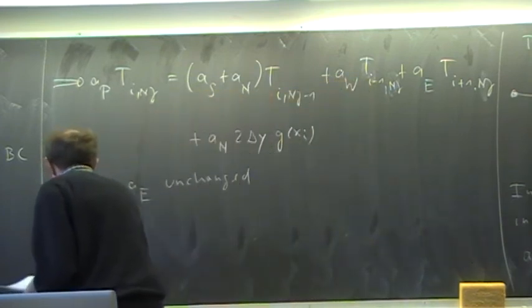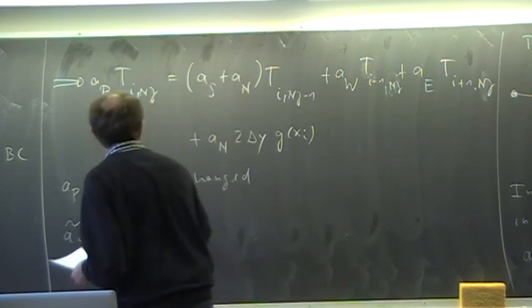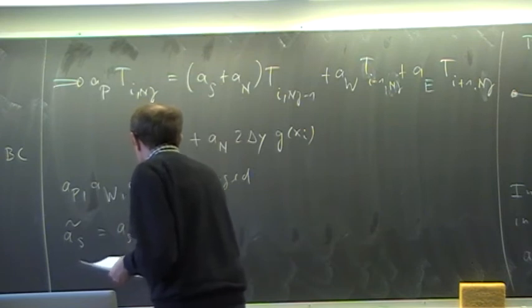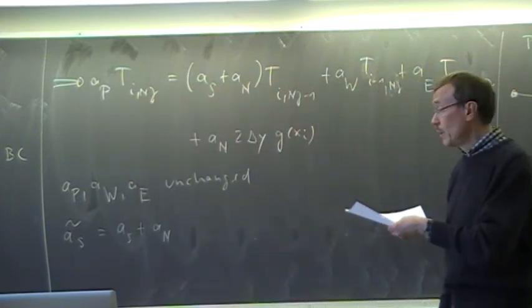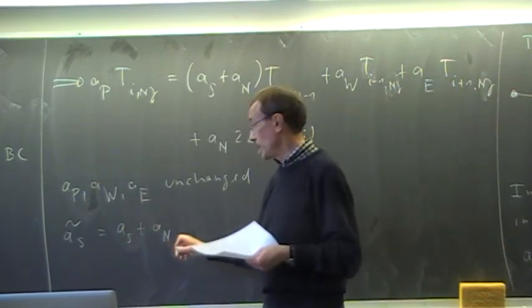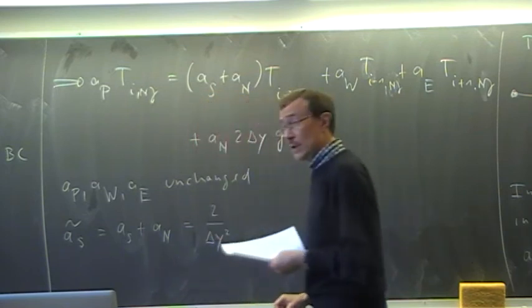The aS, I write it in this form, is then the sum of the old aS and the aN. If you remember what they were, 1 over delta y squared and 1 over delta y squared, so this is 2 over delta y squared in our notation.